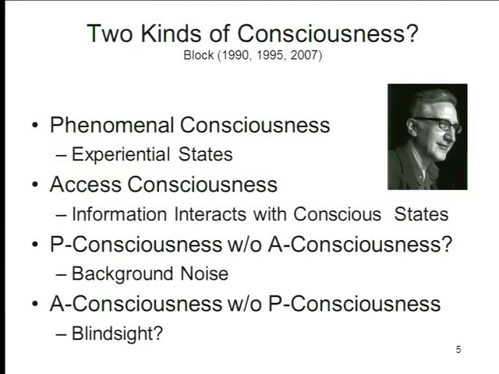But Block also argued, on the basis of a bunch of evidence, that there was a second kind of consciousness which he called access consciousness, where there's information in the mind that interacts with conscious mental states even though you're not conscious of the information itself. So you've got the conscious mental states, and you've got these unconscious mental states that interact with them.